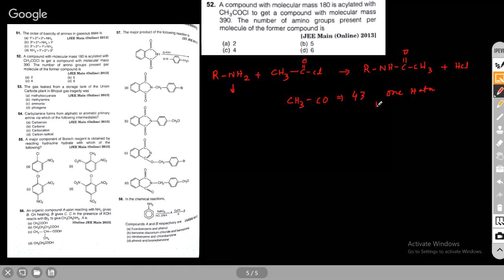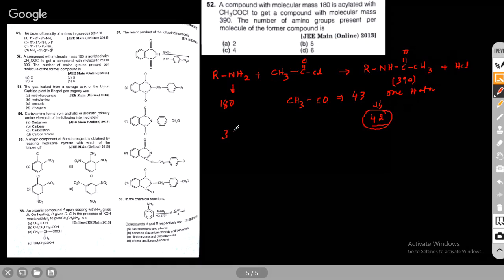So the mass that has been added to the compound here in the product is 42. Because one is getting replaced and 43 is added. So 42 is the extra mass we are having here. And according to the question, 180 is the mass of this and 390 is the mass of this, right? So with 1 mole, the difference is 42.